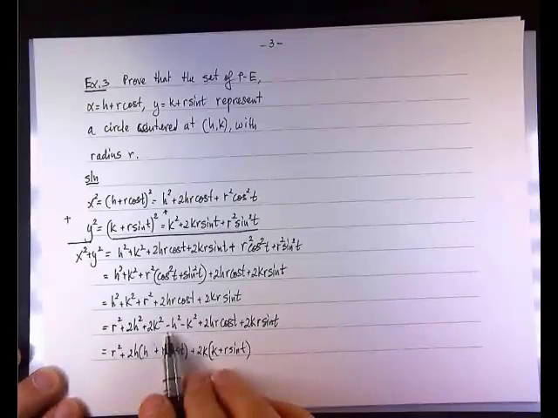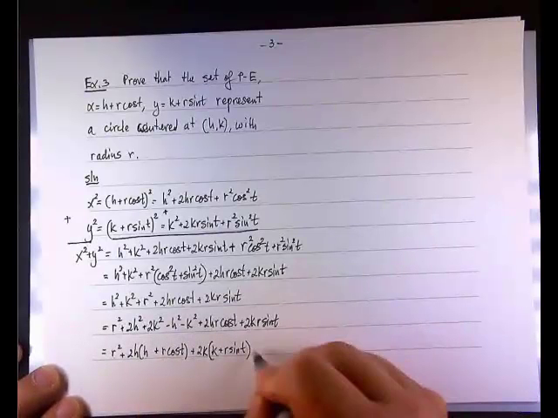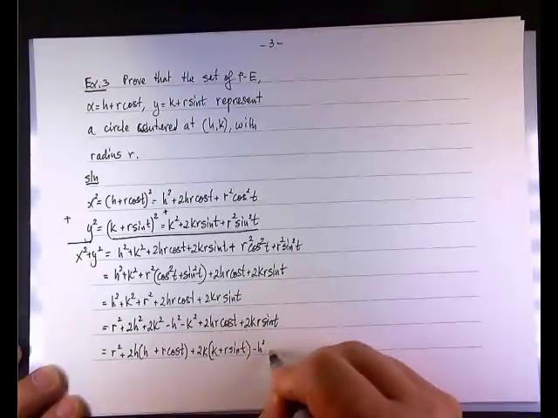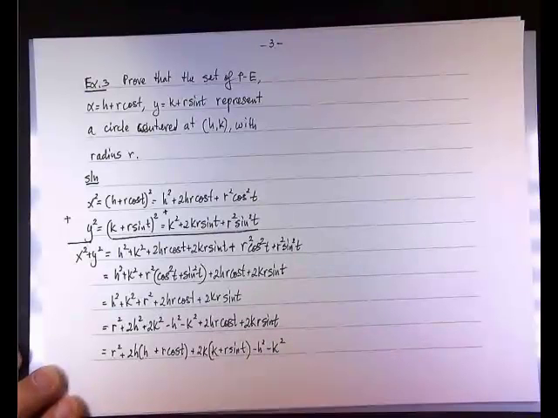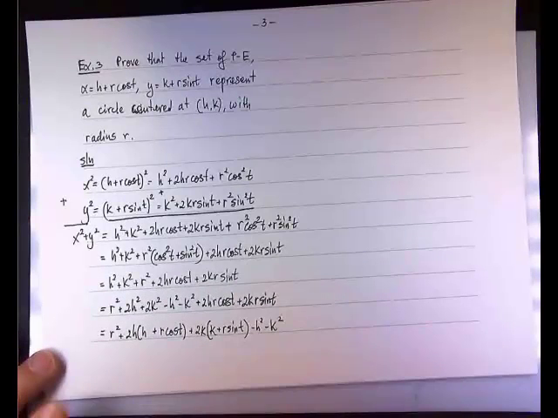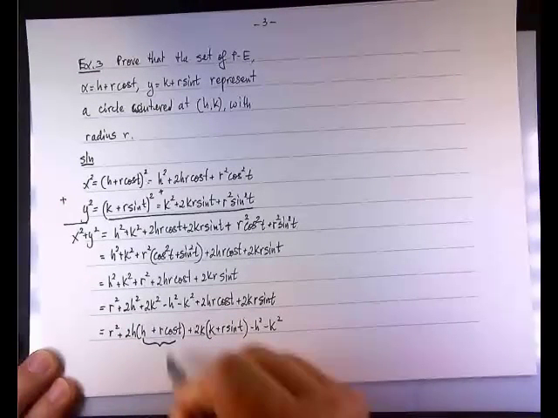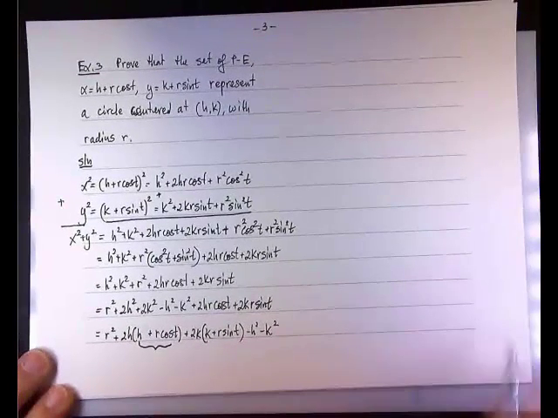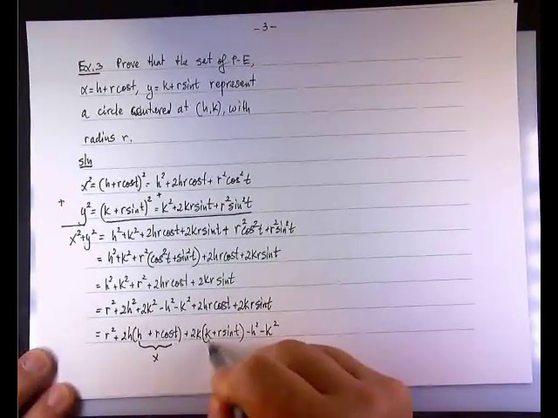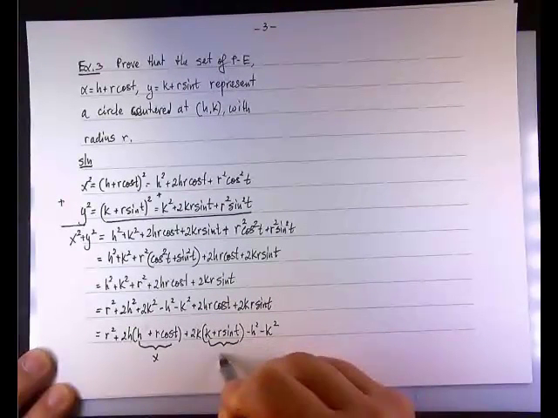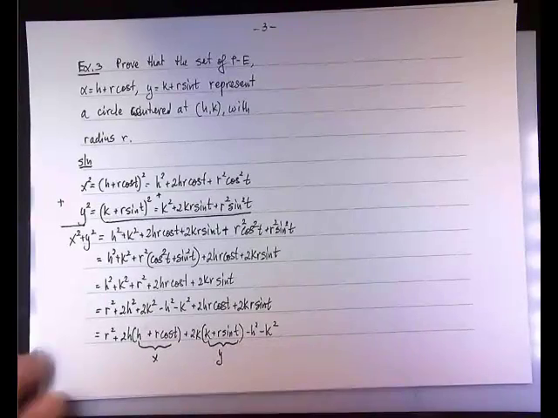What's left is minus h squared minus k squared. Now, if you watch carefully, what is the quantity in the parentheses right here? h plus r cosine t. x. And likewise, the quantity k plus r sine t is y.